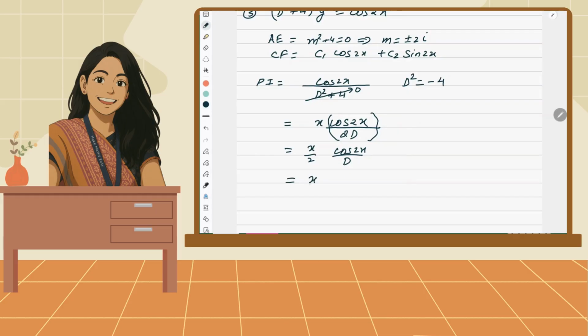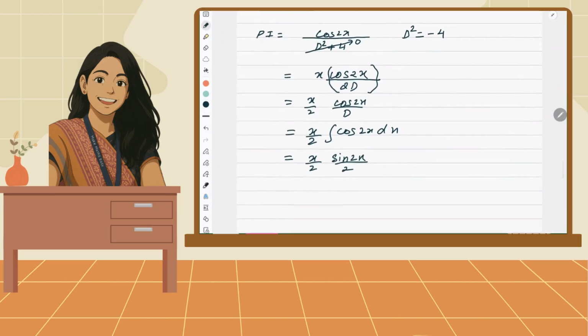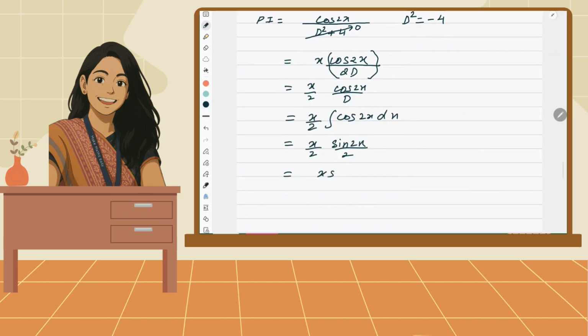What does it mean? X by 2 times the integration of cos 2x dx. So this is x by 2. What is the integration of cos 2x? Sin 2x upon 2. So what is my PI? X sin 2x upon 4. Understood?